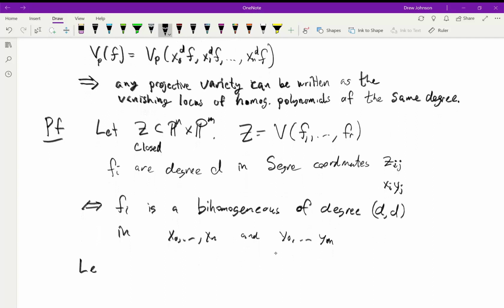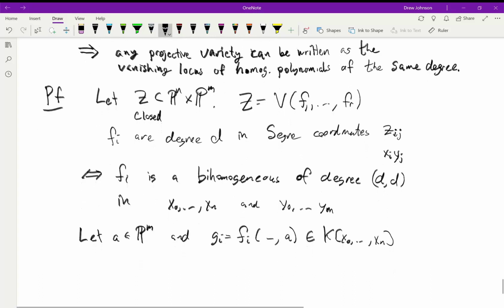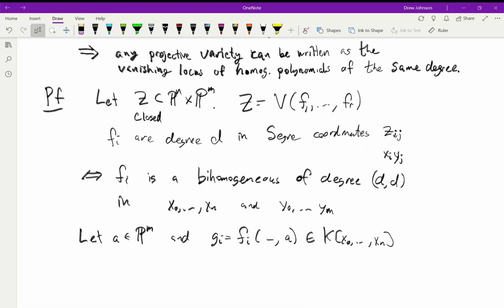Okay, so now let A be a point of Pm, and let Gi be Fi(-, A). So we're thinking of this as just a polynomial in the x's, right? You plugged in some value for all the y's, so now you just have a polynomial in x's. All right, and so we want to think about when A is in the image of Z under the projection.